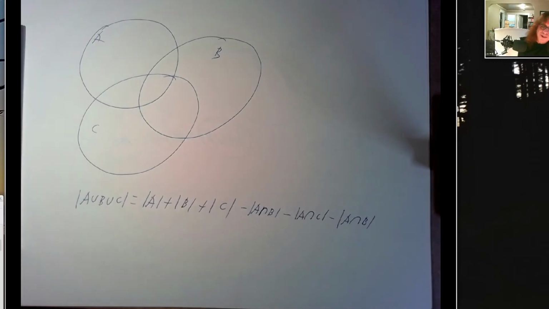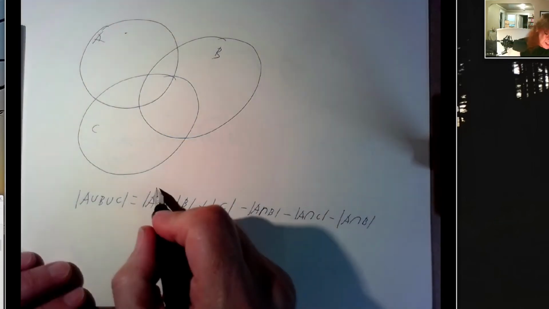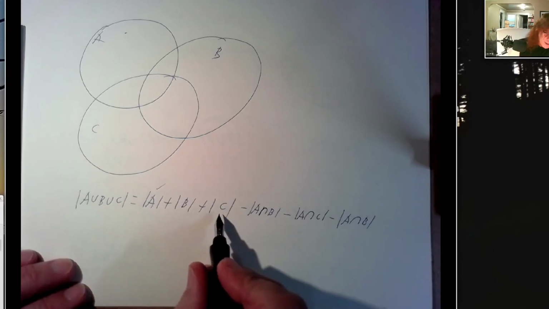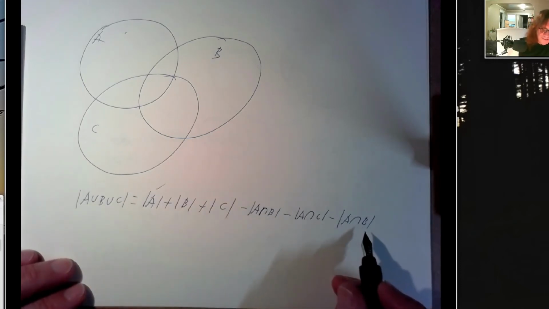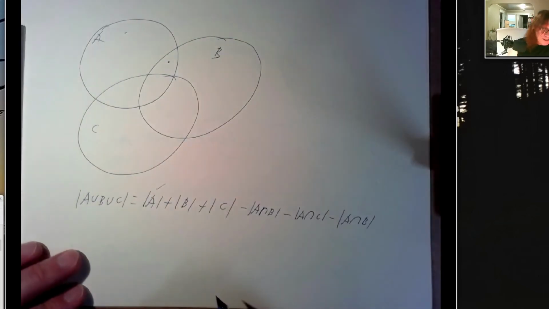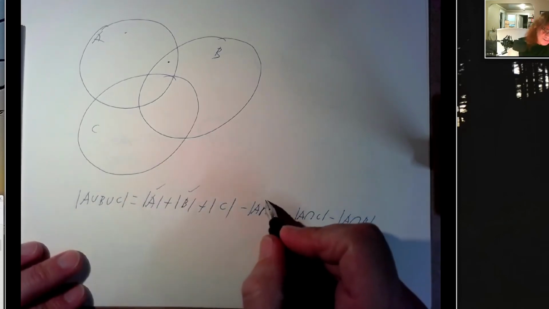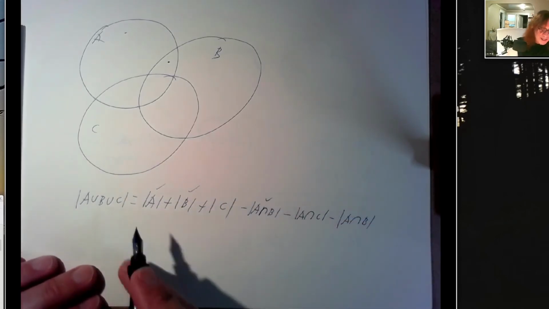And we're almost done, but we're not quite there. All right, so let's check our work so far. If there's something that's just in A, it'll get counted right here. It won't appear in any of these other sets. If there's something that's in, say, A and B, but not also in C, it'll get counted in A, it'll get counted in B, and it will get subtracted off once here, so it'll be counted a total of once.